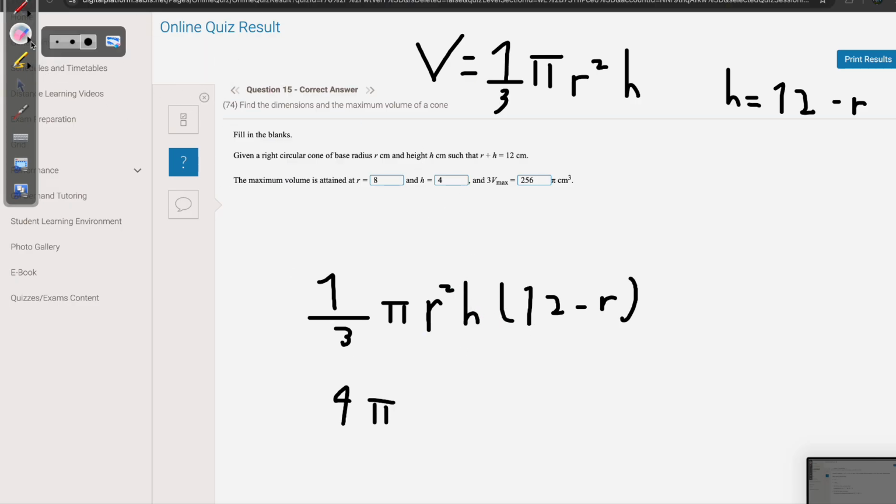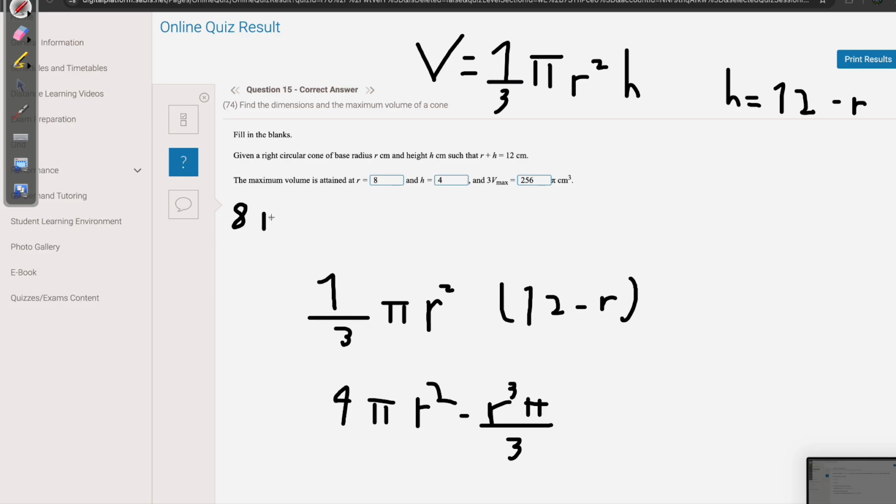Who invited h? Okay, anyways, 4 pi r squared minus r cube pi over 3. Then we're gonna derive because they want the maximum volume.